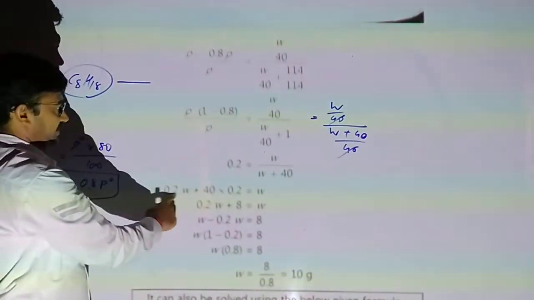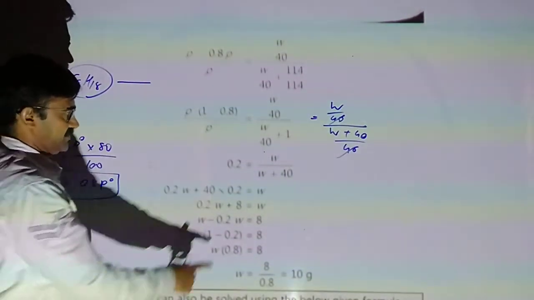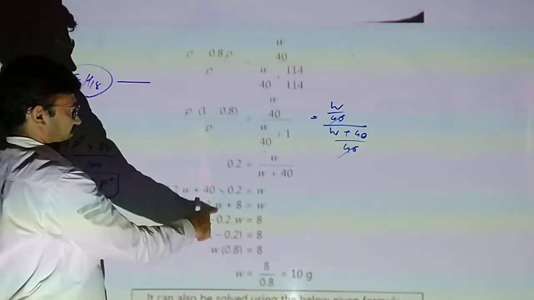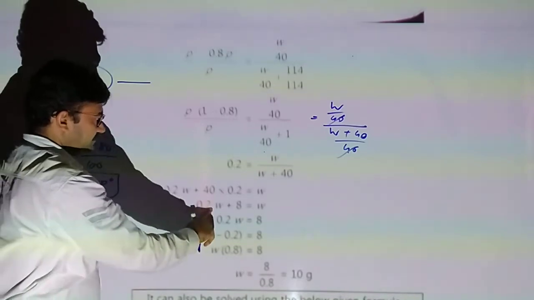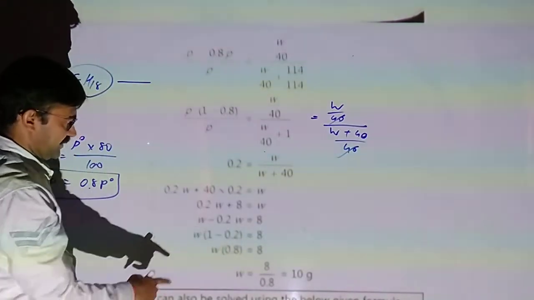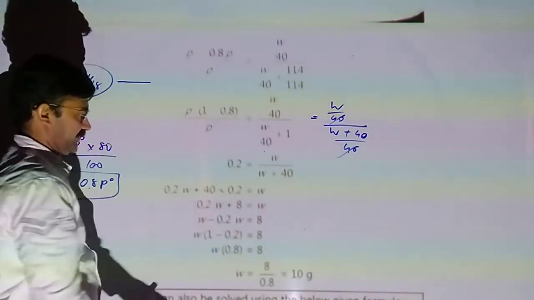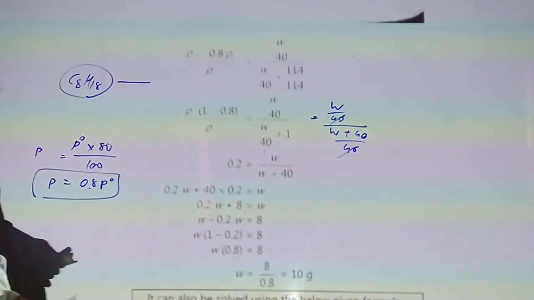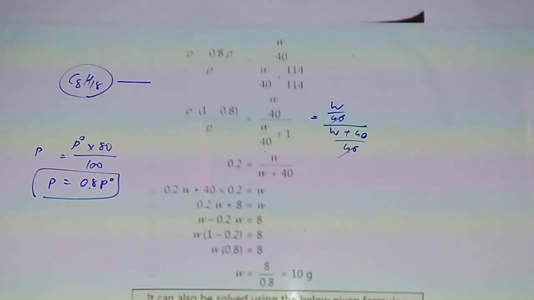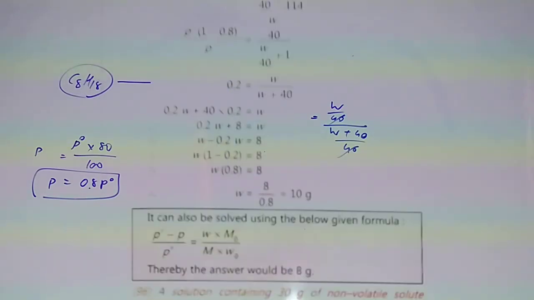So 0.2 W plus 40 into 0.2, so 0.2 W plus 8. So here W, 0.2 W on the other side. So W common, 1 minus 0.2. So W is 8 upon 0.8. So 10 gram is our answer.